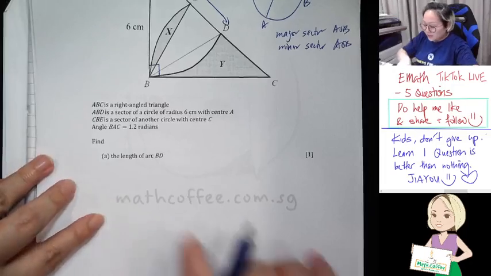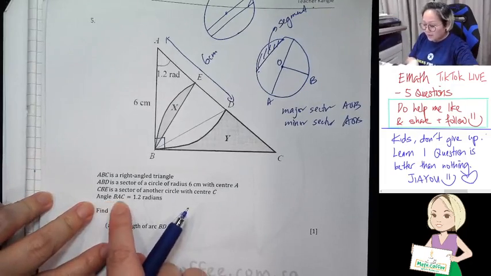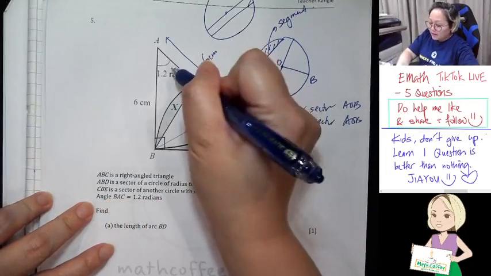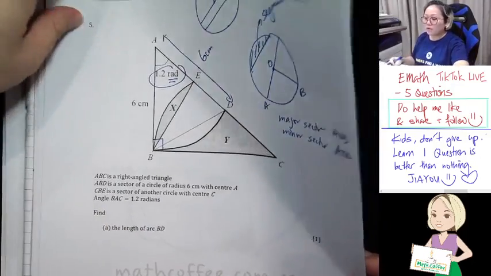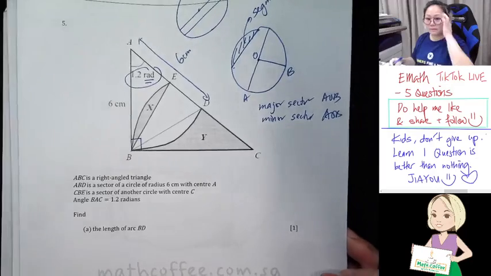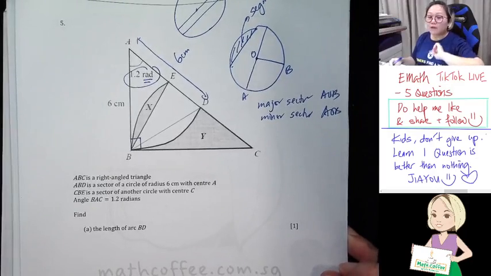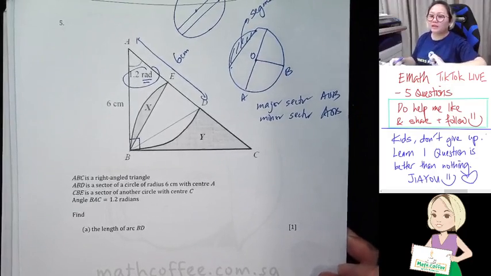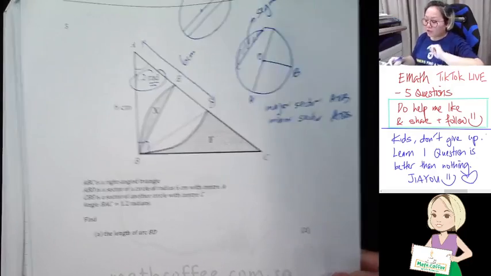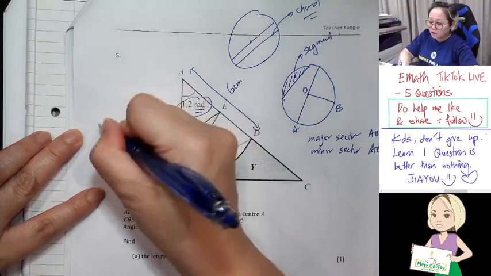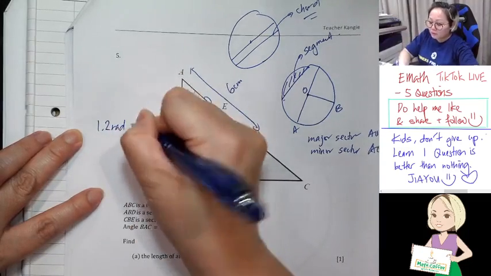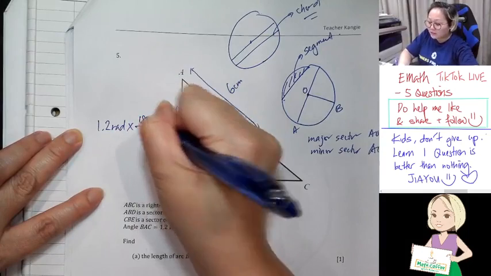15 minutes. Okay, come. Angle BAC is 1.2 radian. Take note, radian. So when you see radian, you use the radian formula to find. But if you're uncomfortable using radian, you can always use the angle. So Teacher Kangie is going to teach you how to change radian to degree. So 1.2 radian, I'm going to multiply by this fraction, 180 over pi.